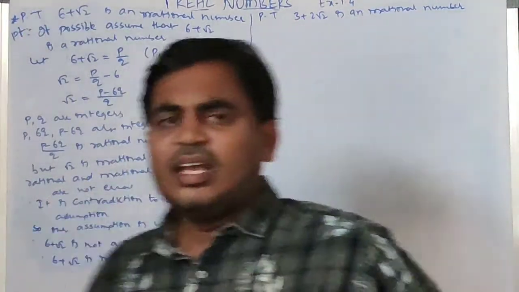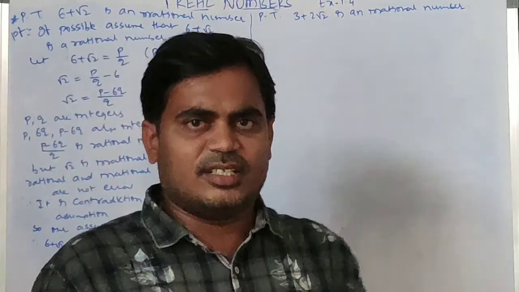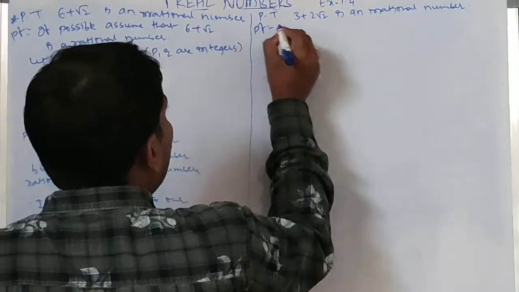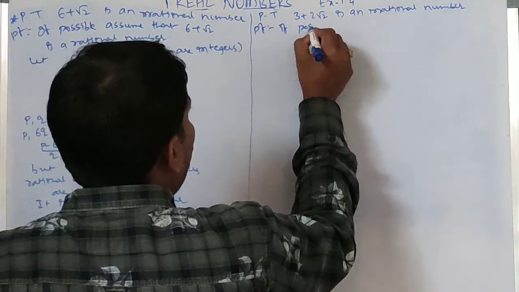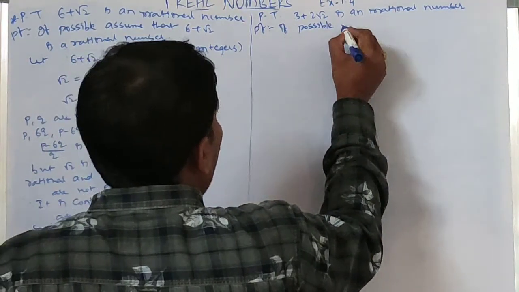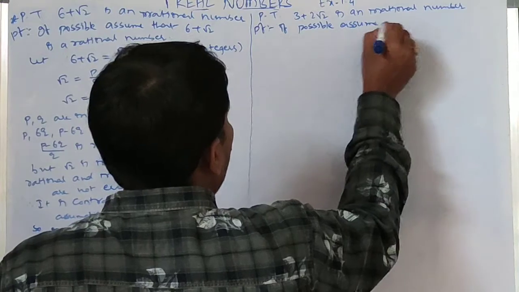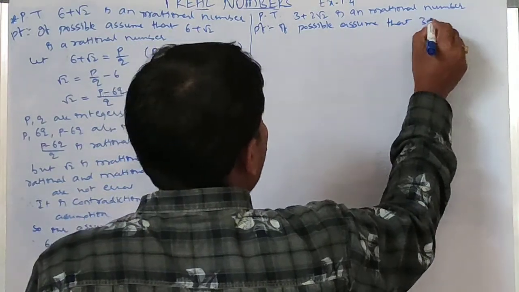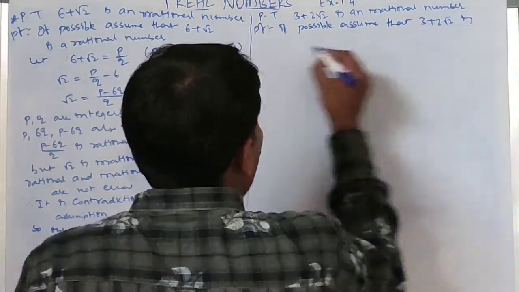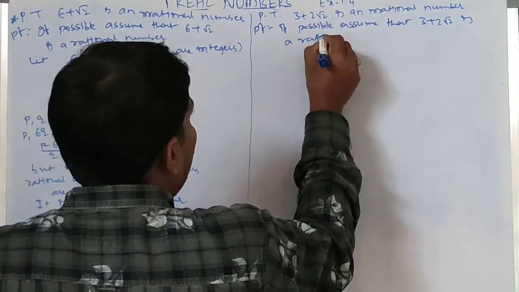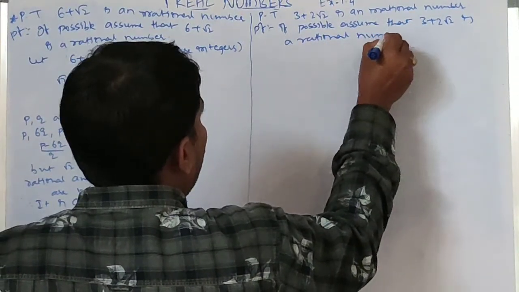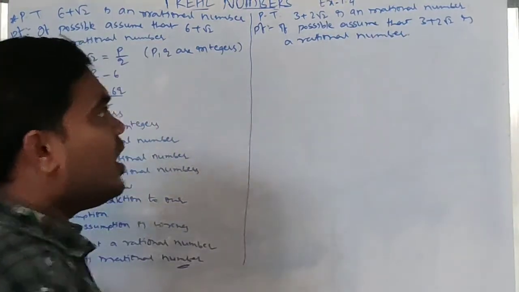Similar to this one, I am considering contradiction. Proof: if possible, assume that 3 plus 2 root 2 is a rational number.